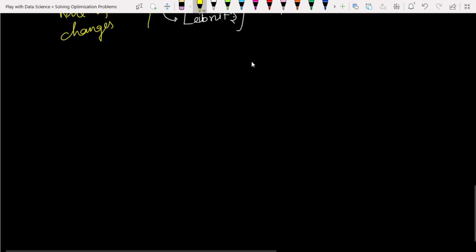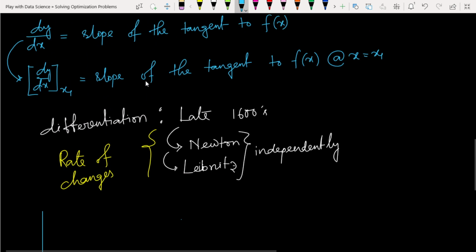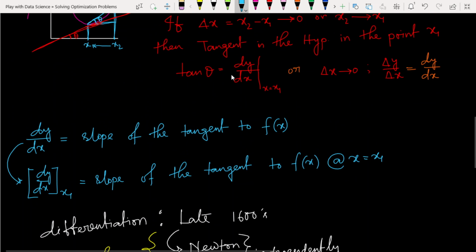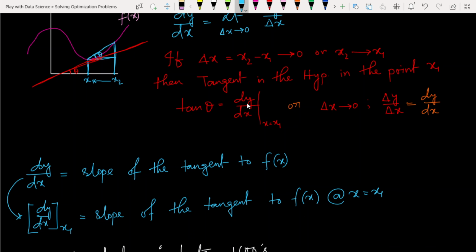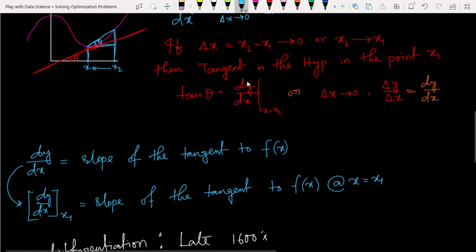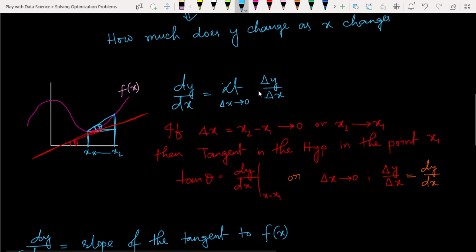Now let's simply discuss some cases. If we see the tan function, differentiation with the tangent, we learned dy by dx is equal to tan theta.